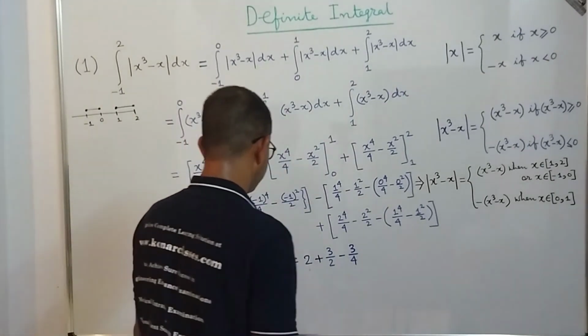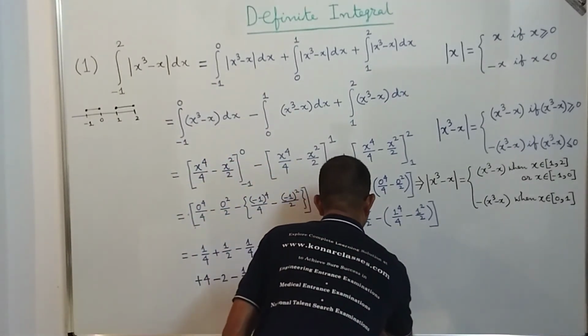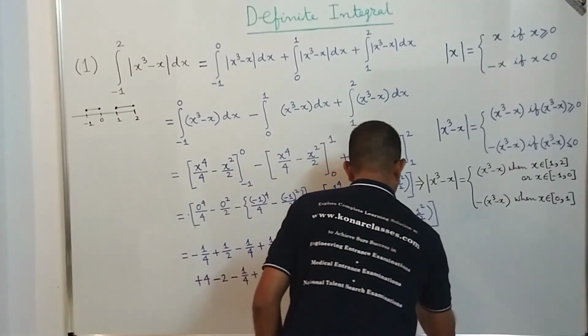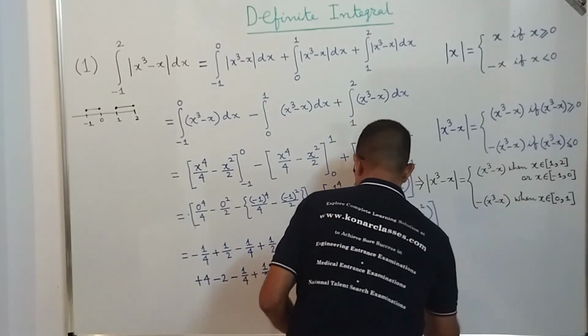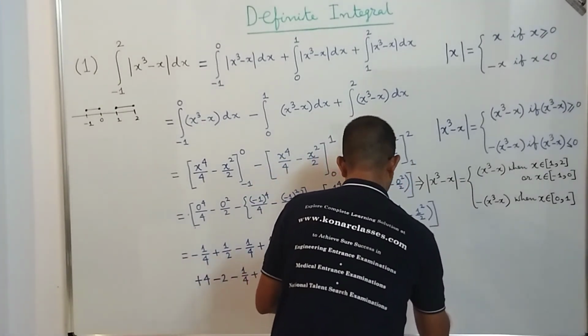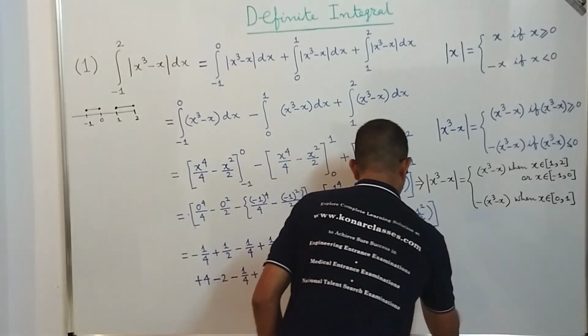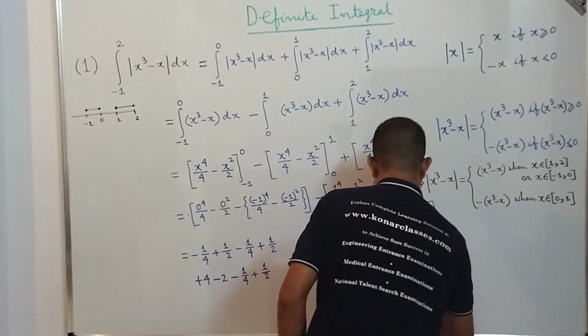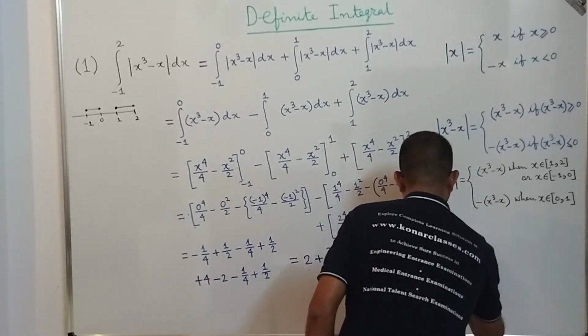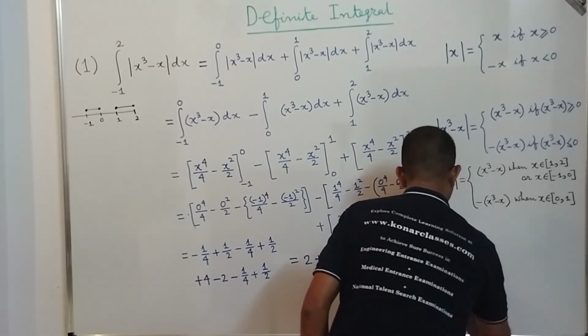So that is equal to 2 plus, if we take the LCM between these two, that becomes 4. So here it is 6 minus 3 is 3, so it is 3 by 4. 2 plus 3 by 4 is equal to 11 by 4. And that is the result.